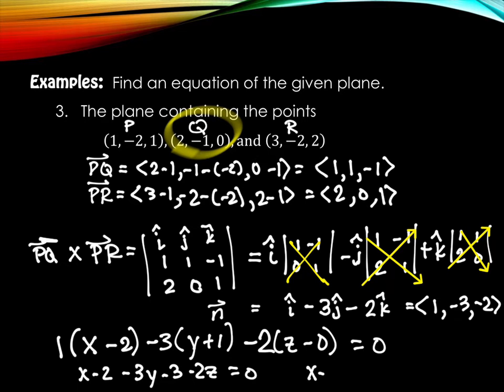That gives me x minus 3y minus 2z. And what constant do I get? What are the constants over there? -5. Yeah, -2 and -3, so I have -5, you bet. -5, it equals 0. This is the equation of the plane.